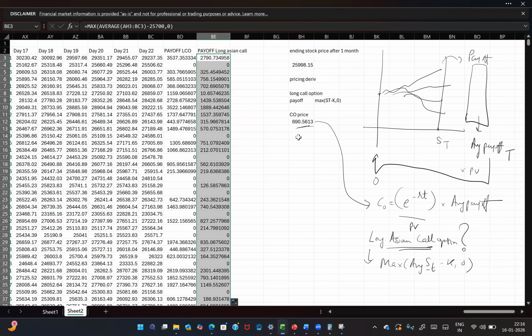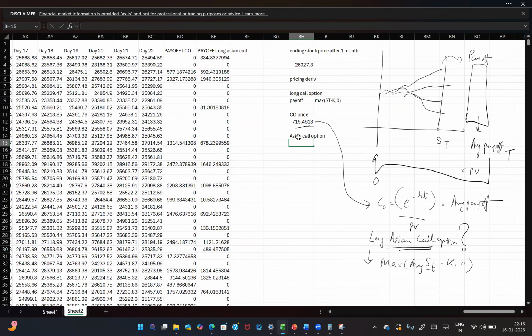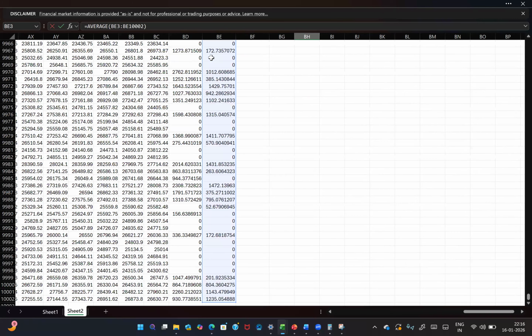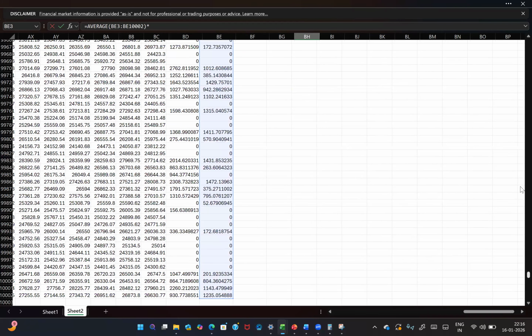And now to find the Asian call option price, we have to just take the average of these values and take the present value of this. Done.